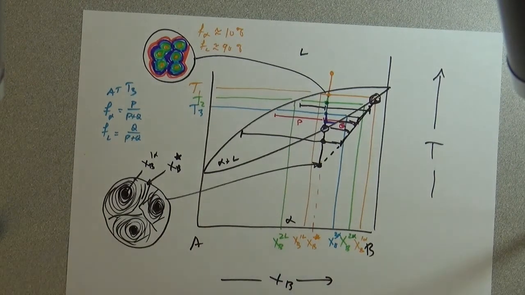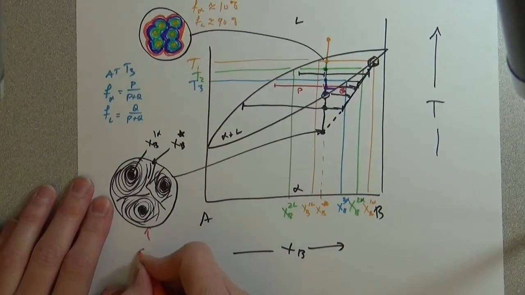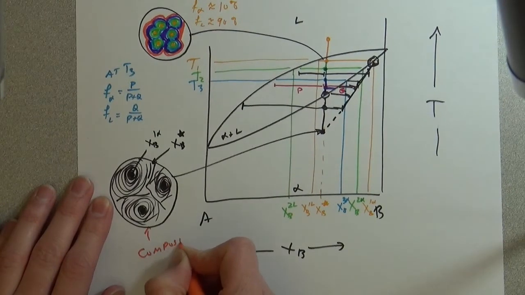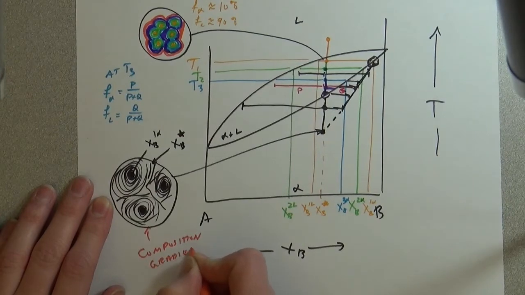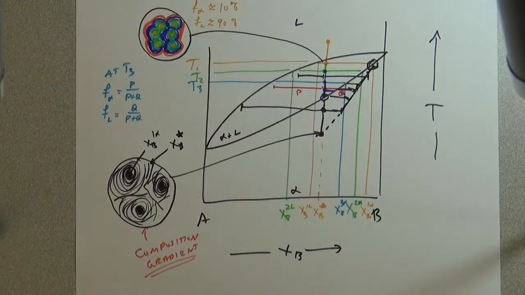So we get this gradient and it goes from the interior to the exterior of the grains.